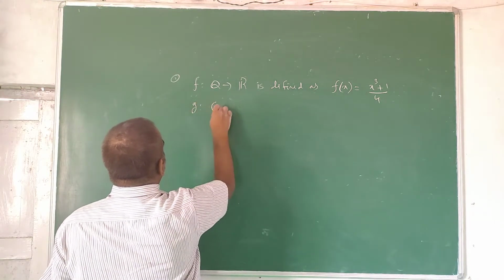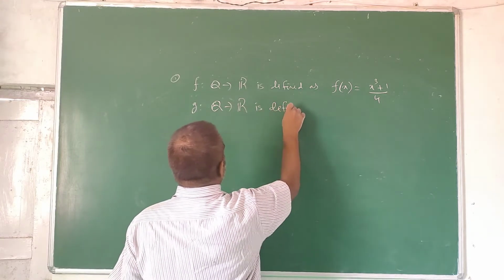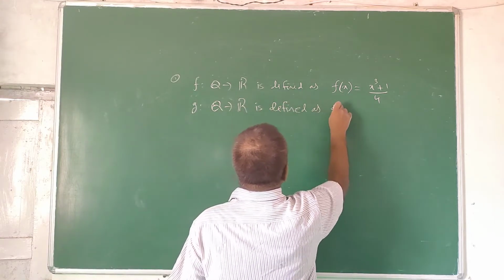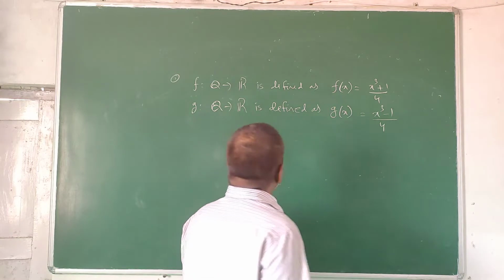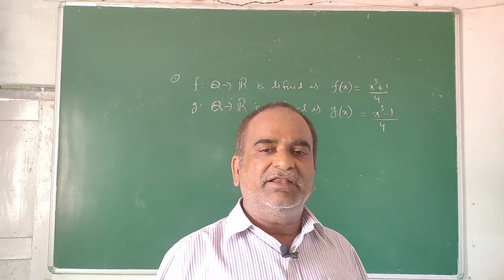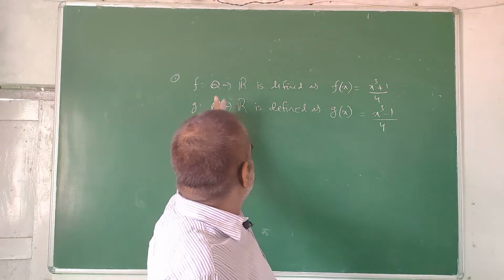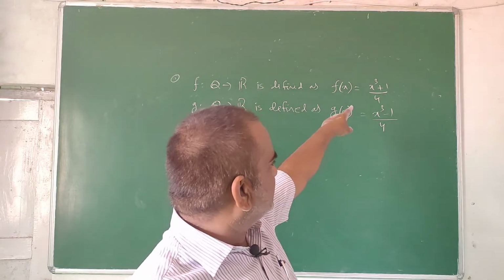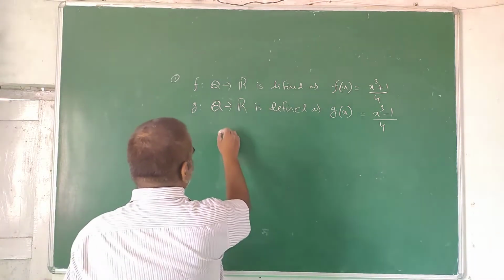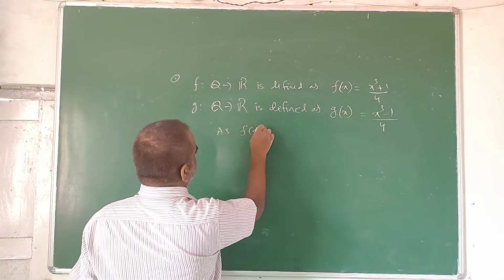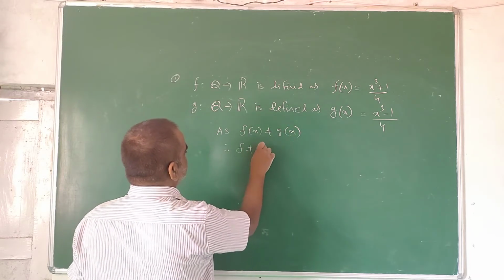And g from Q to R is defined as g of x is equal to x cube minus 1 by 4. Here also the functions are different. f is not equal to g, because though the domain is same and the codomain is same, the definitions, if you see carefully, are not equal. So here, as f of x is not equal to g of x, you can say f is not equal to g.